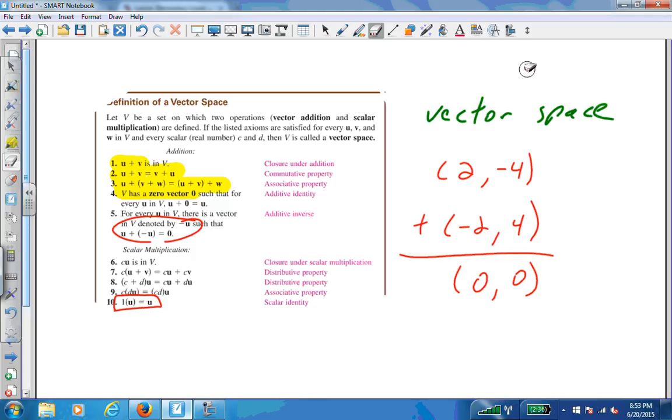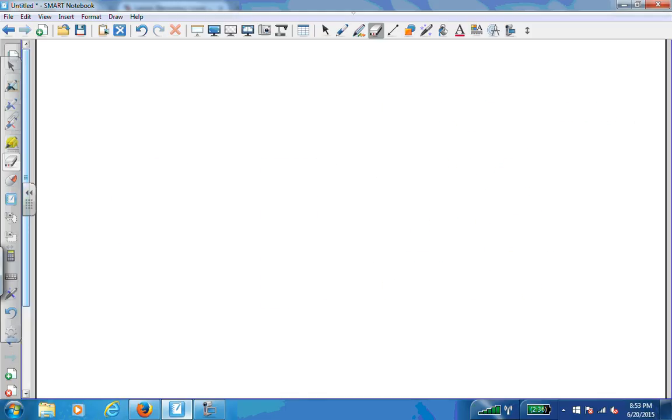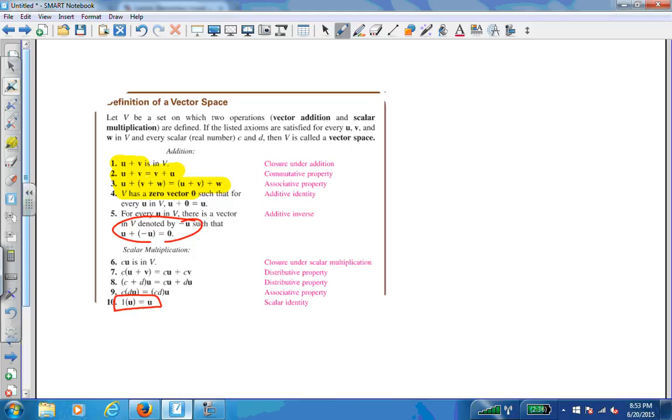So if we look at a vector of any size, all vectors are going to have those properties. If we look at a vector that is in R3, meaning that it has 3 dimensions or 3 components, all of these properties are going to hold for vectors with those descriptions.